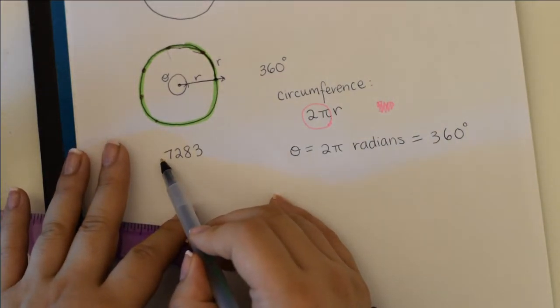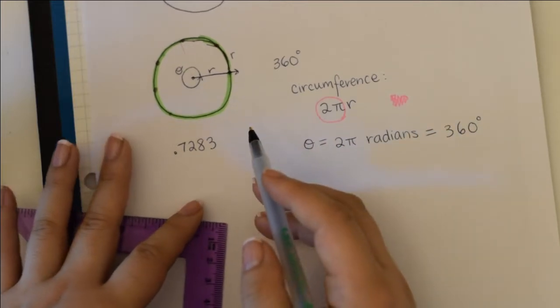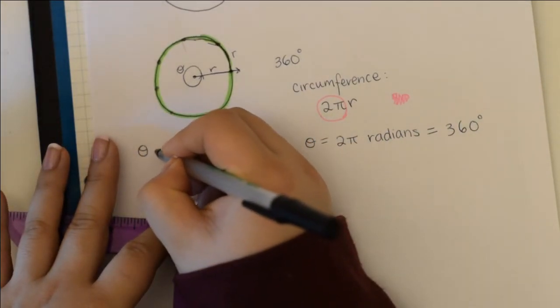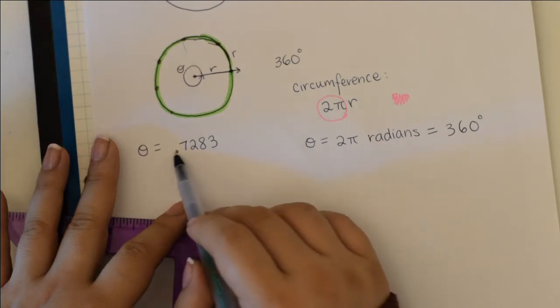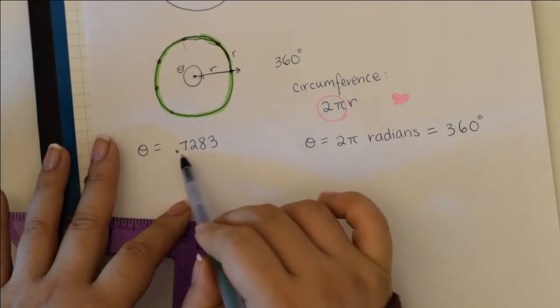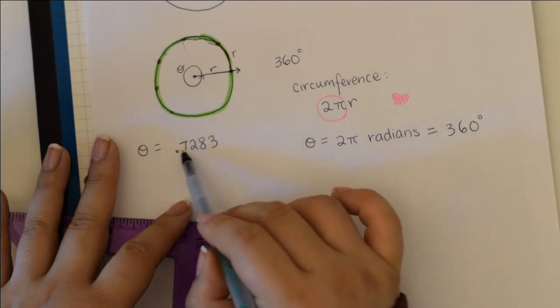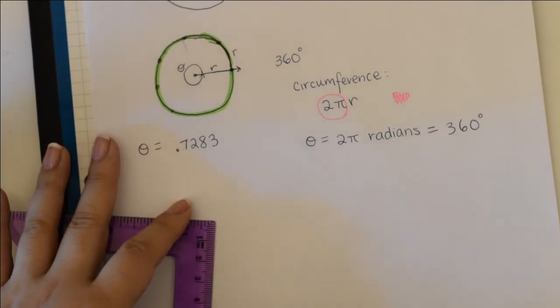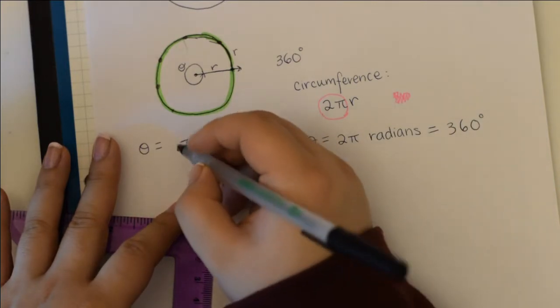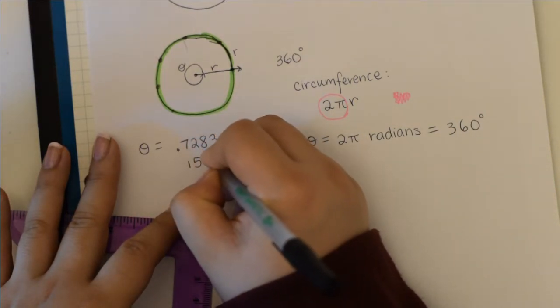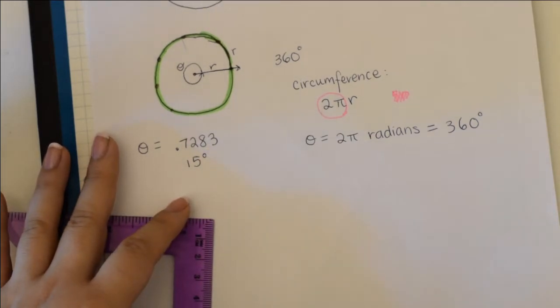Usually if you saw that theta equals this, you would assume this means radians, okay? And that means you'll probably want to convert that into something with pi. Usually degrees will be written, 15 degrees, okay?